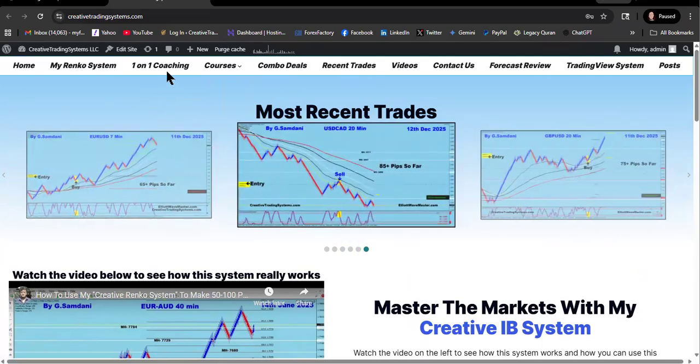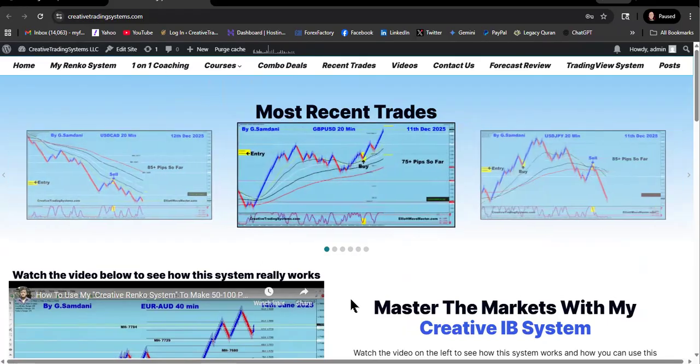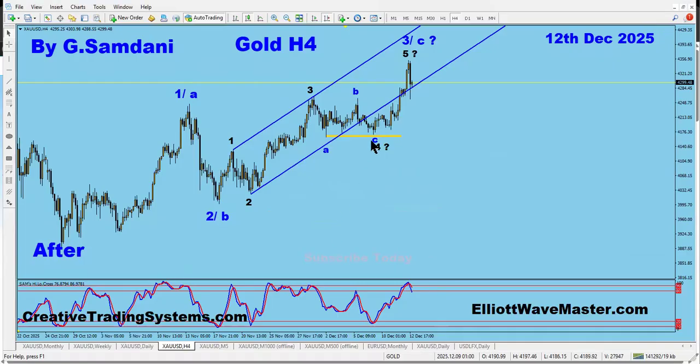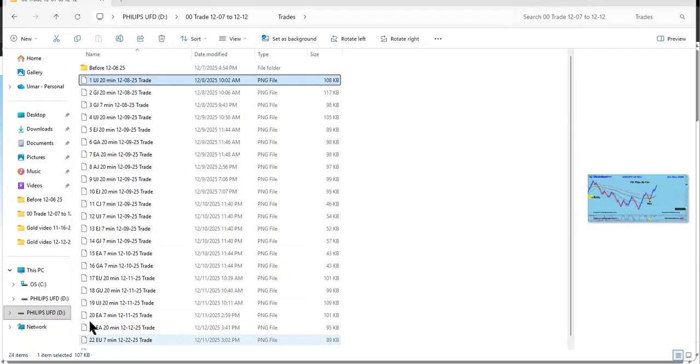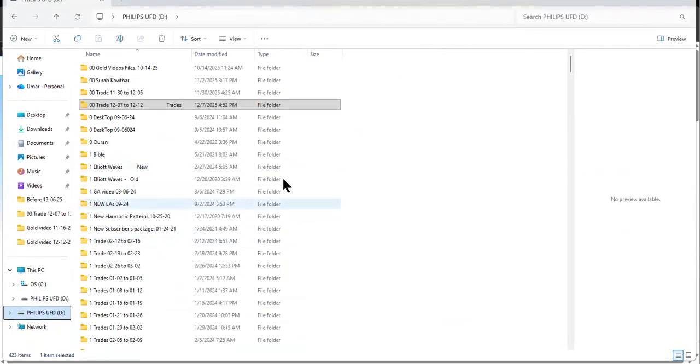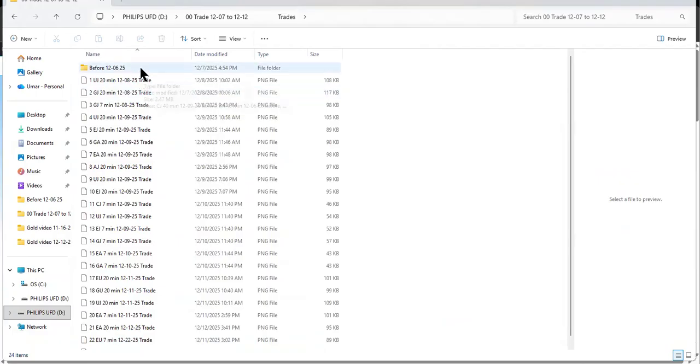This is it for now, and after this, I will make a video about gold. Gold is behaving exactly according to my plan. This was the chart I made. It's funny that it does exactly what I said it will do.